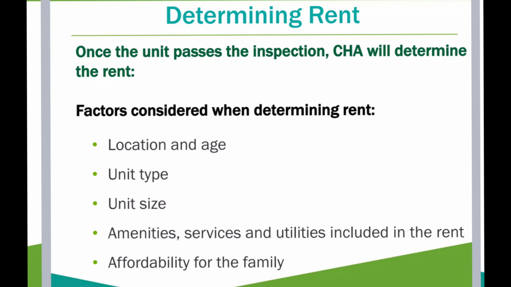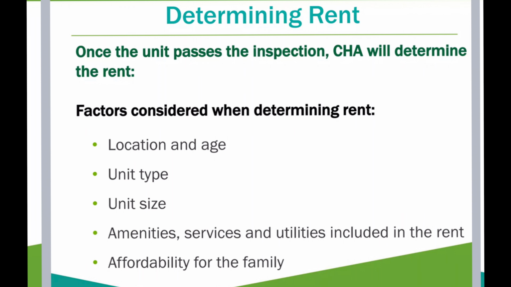So let me break down the main factors that Section 8 uses when determining the rent. There's about 5 main factors. The first one is the location and the age of the property. Second one is the amenities and services that are within the property and the utilities that you include in the rent.